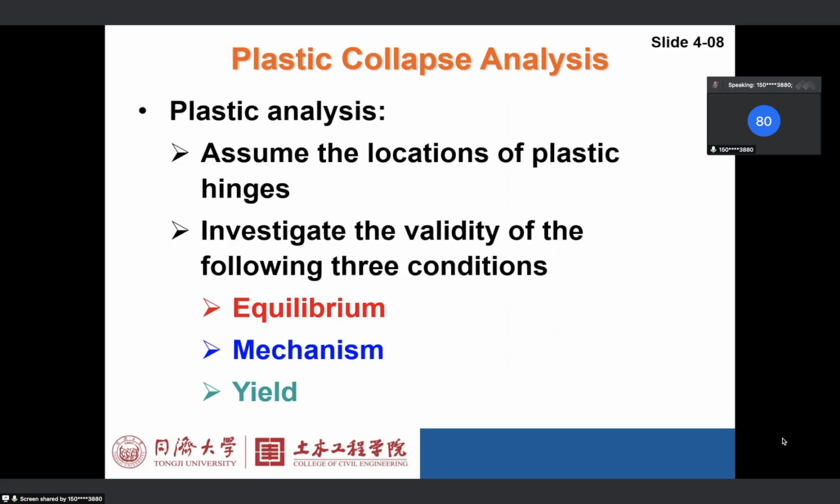Because these are three conditions, if all three are satisfied, your location is right. You have the exact location, and the resulting PC is exactly the correct one.